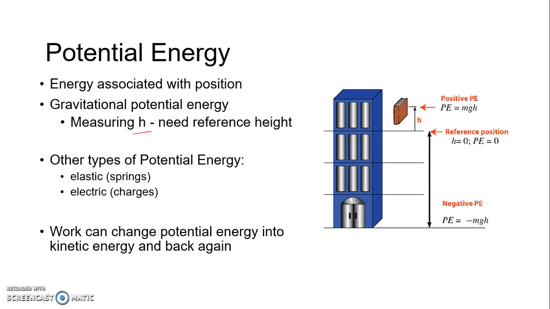So if you have a book that is near the top of a building, it is some height h relative to some other height. So in this case, we are measuring the height h relative to the bottom of that floor, so just to the floor of that level of the building.